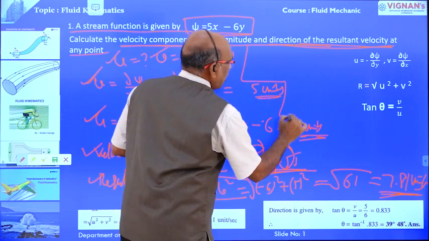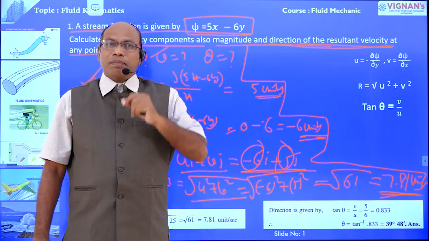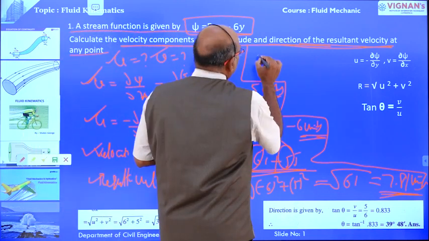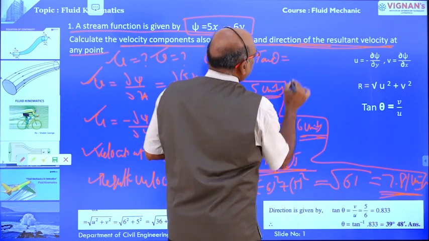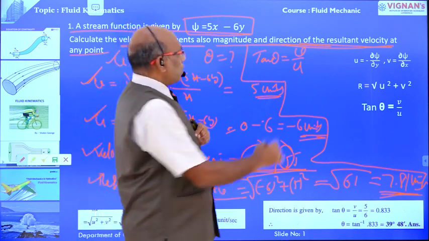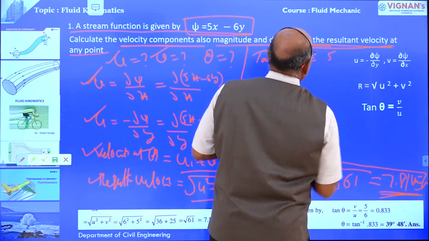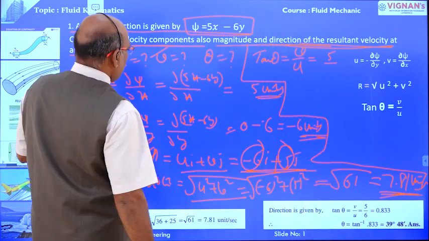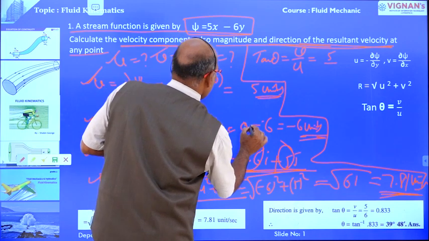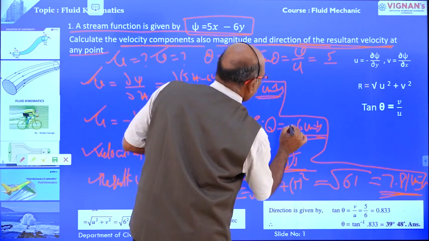Here I have already given one formula at the derivation of the streamline. At the derivation of the streamline, I explained one formula: tan theta equal to v by u. What is v? v we already determined, this is equal to 5, divided by u. Right, here is a small mistake: this is minus 6, and minus into minus 6 is equal to plus 6.